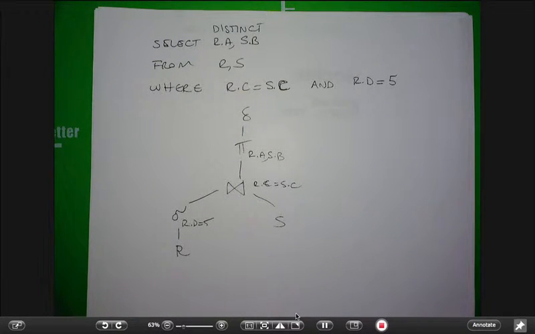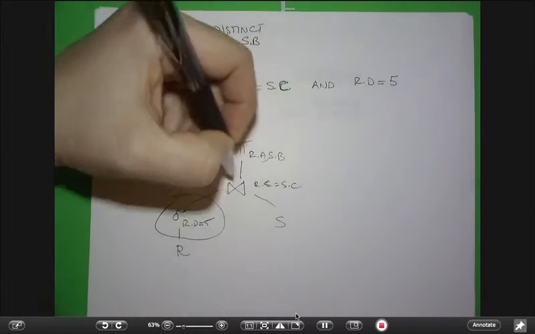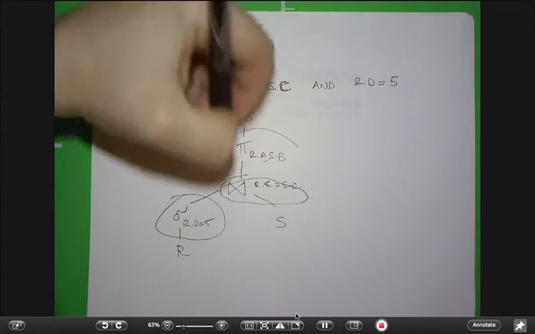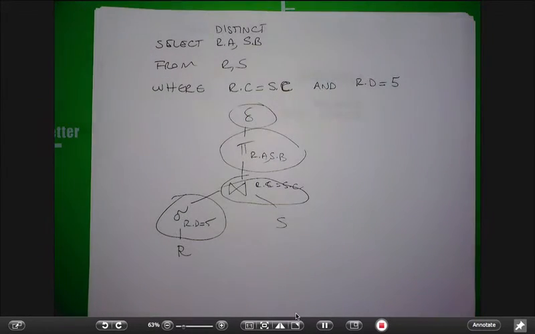So basically, your SQL gets translated into a query tree. And then you find different ways to implement each of these operators. There are, in fact, multiple ways to implement each of these operators. That's what we're going to talk about today.